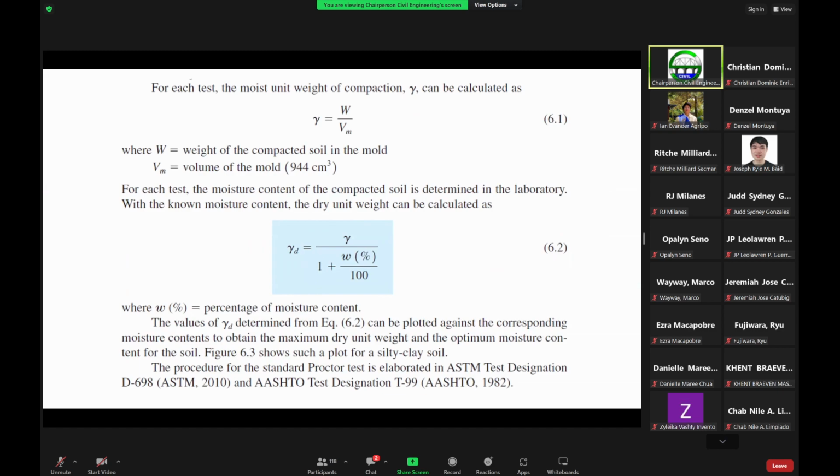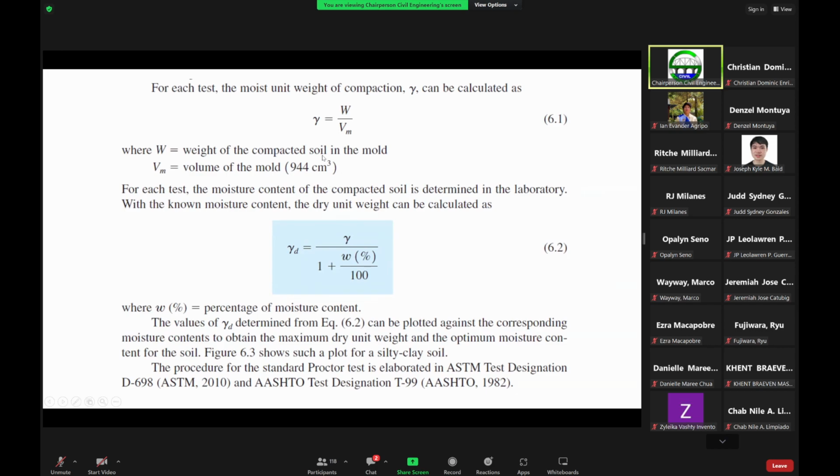So with the Proctor compaction test, for each test, the moist unit weight of compaction, gamma, can be calculated as the weight of the compacted soil in the mold, that's the capital W, divided by the volume of the mold.